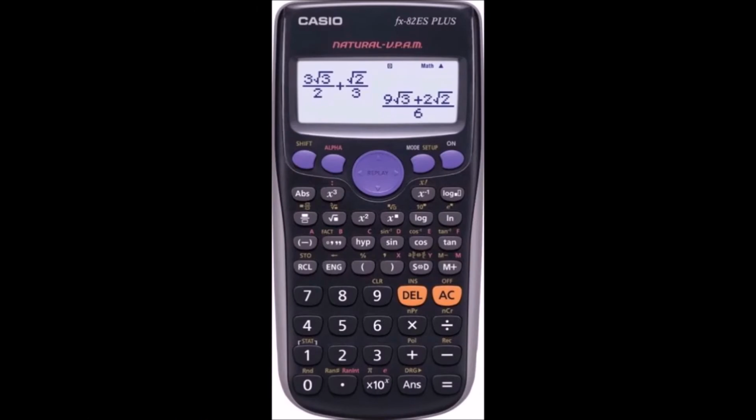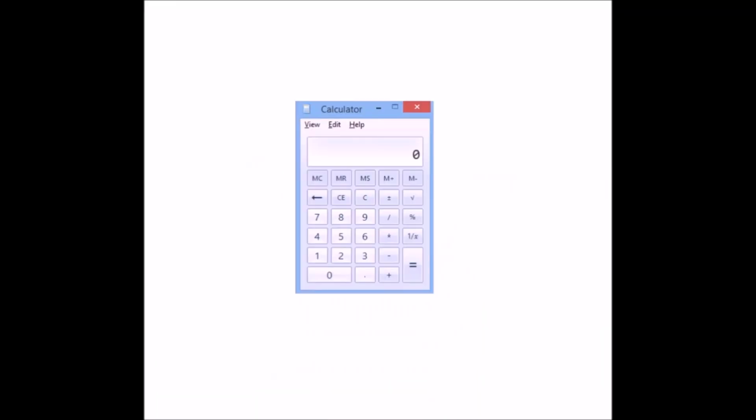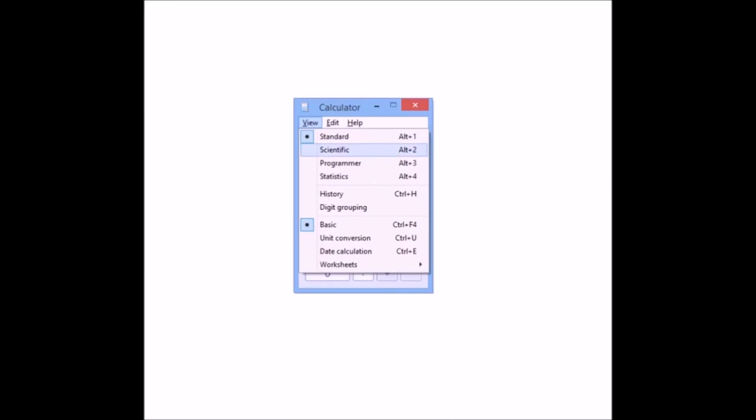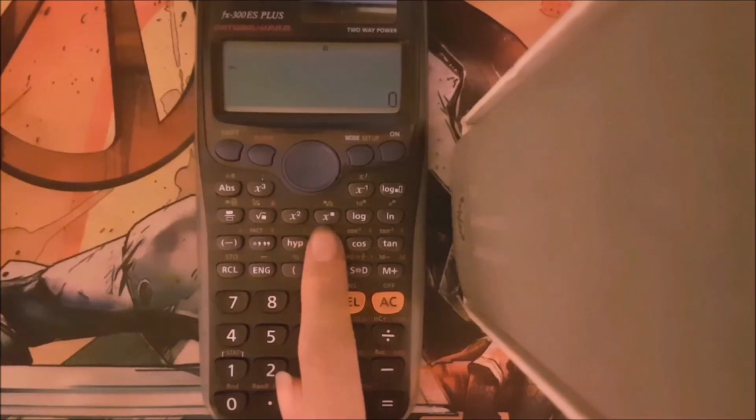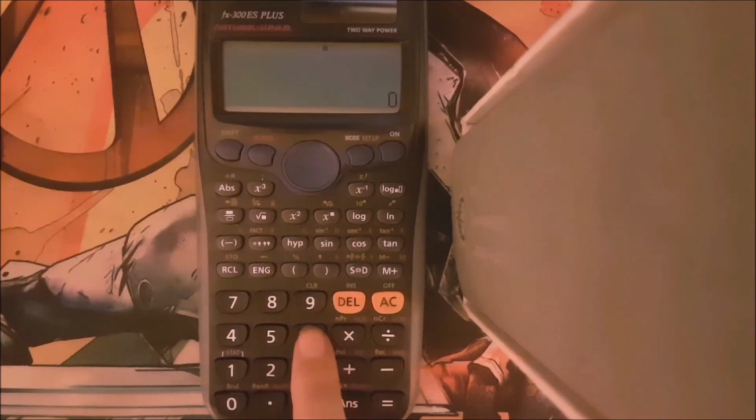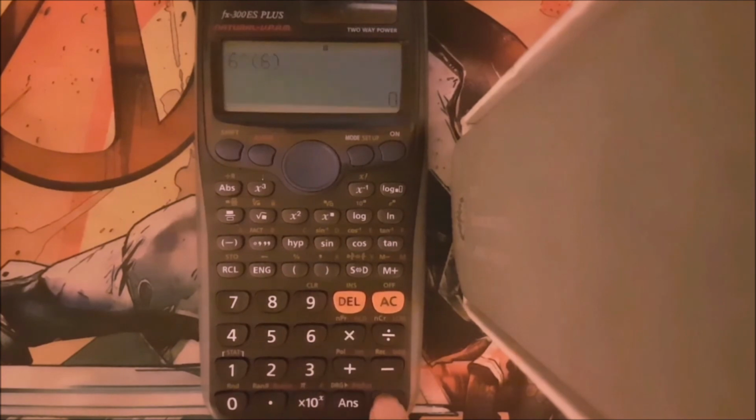On a calculator, the symbol for raising a number to a power usually looks like this, or sometimes like this. If you open the Windows calculator and switch to the scientific view, the symbol is this. On my calculator, the symbol looks like this. So if I was going to do 6 to the power of 6, I would input 6 to the power of 6 equals 46,656.